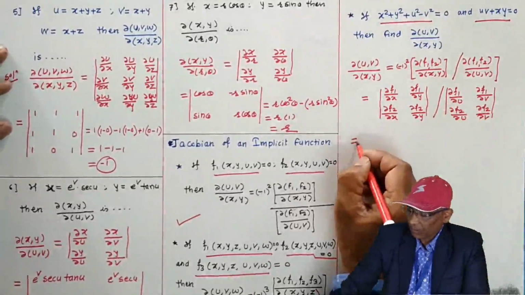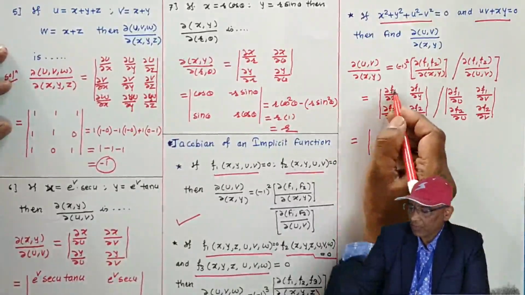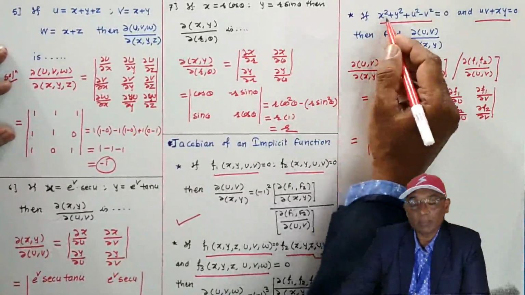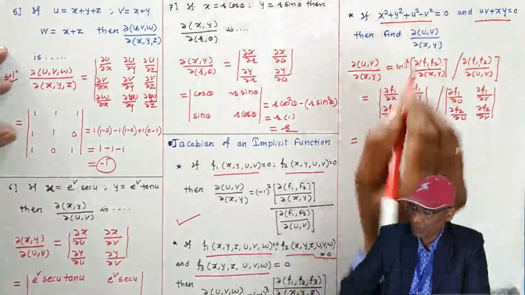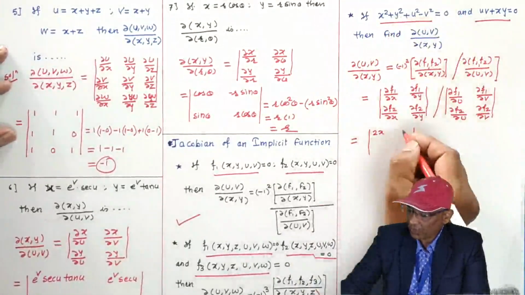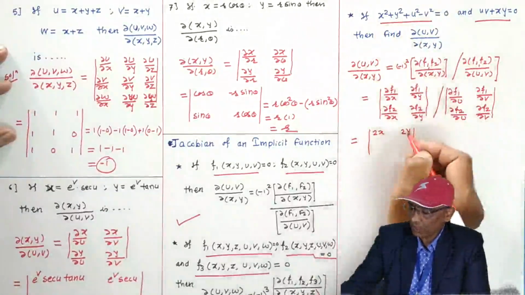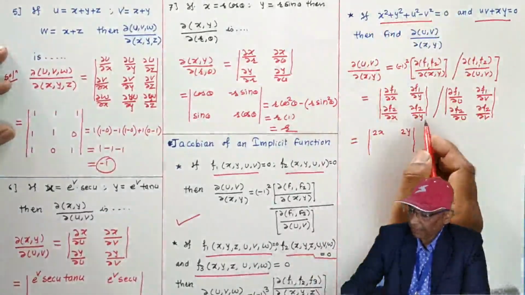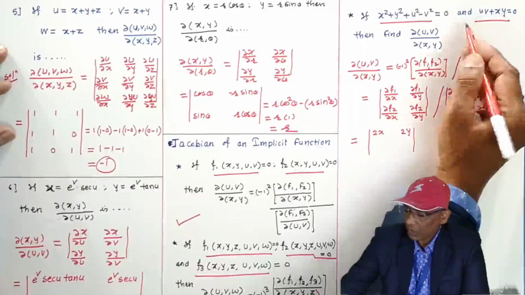Okay, now del f1 by del x, derivative of f1 with respect to x keeping other variables constant: derivative of x square is 2x, derivative of all other terms 0. Derivative of f1 with respect to y: derivative of y square is 2y, derivative of other terms will be 0. Now, derivative of f2.